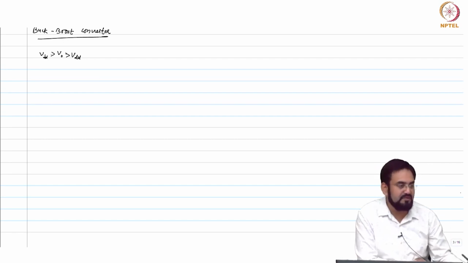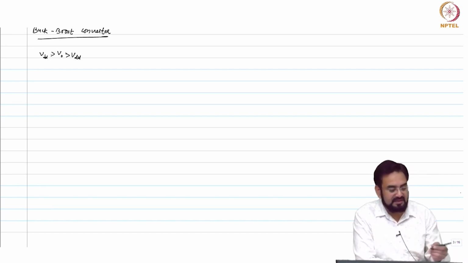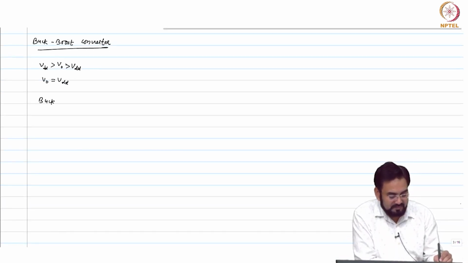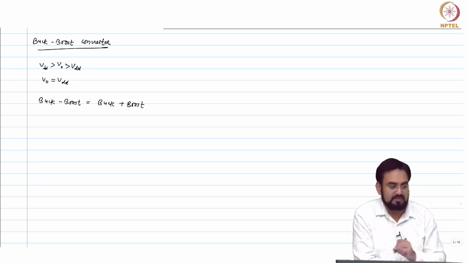Which means if we need a converter which can do both, like V out is greater than or less than VDD, or in fact it could be the same also, okay, or V out is buck plus boost.